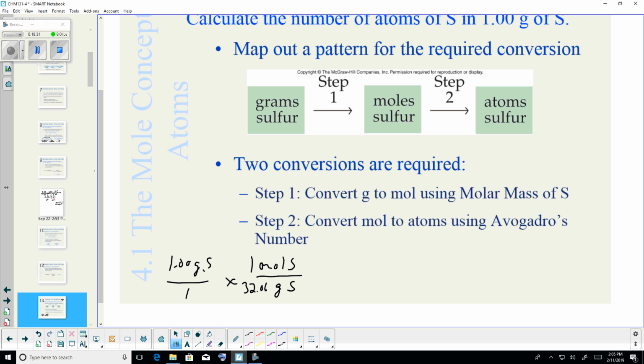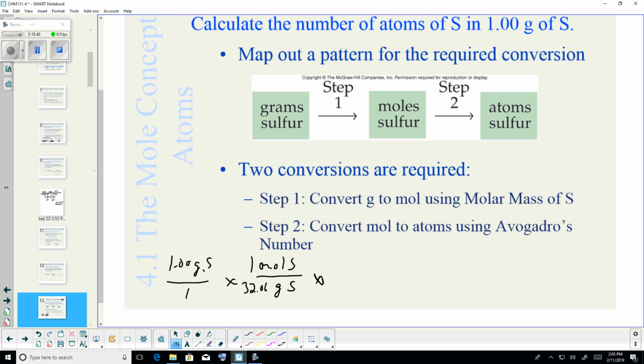The next step is I want to get to atoms. So I got to go over here, multiply by Avogadro's number. 6.022 times 10 to the 23rd atoms of sulfur per 1 mole.